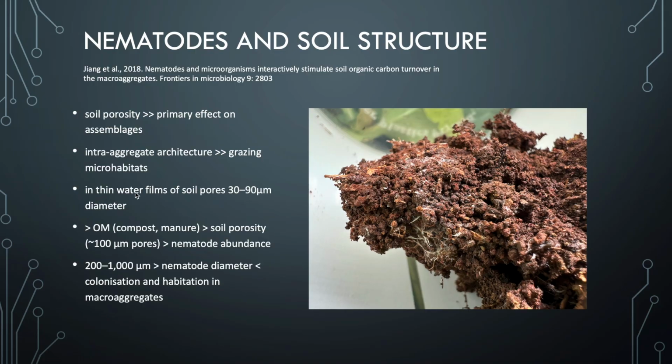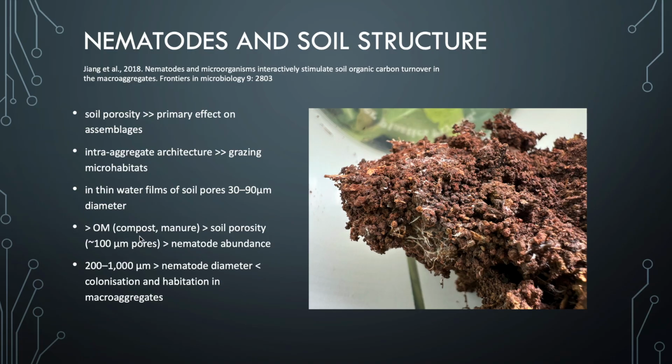They live in thin water films of soil pores that are between 30 and 90 micrometers in diameter. So this is very specific, and when the structure of the soil is such that it allows for these spaces for nematodes to live in, that is a very good indicator that that soil is healthy, because it allows for these water films which nematodes require to live in.